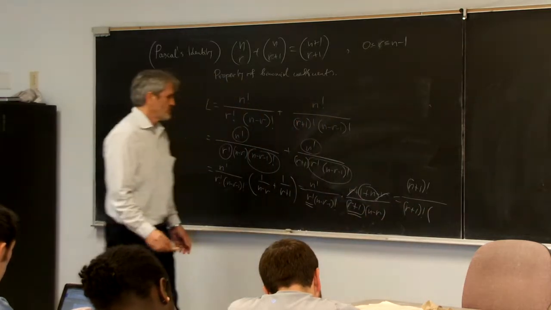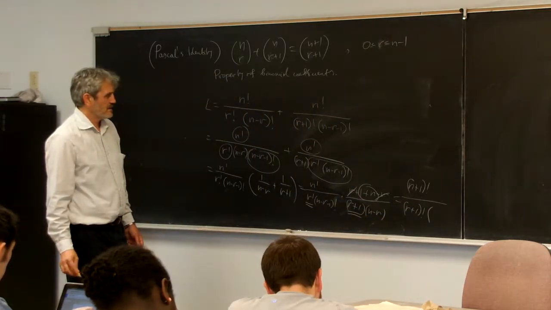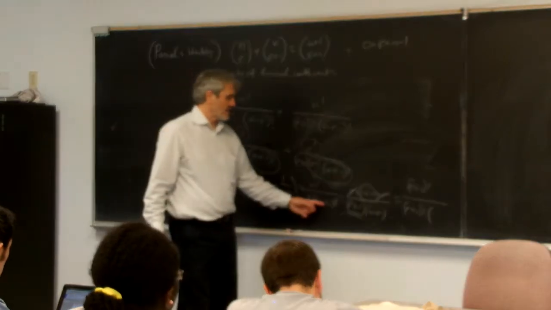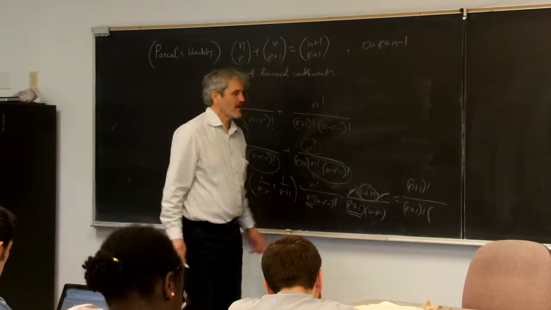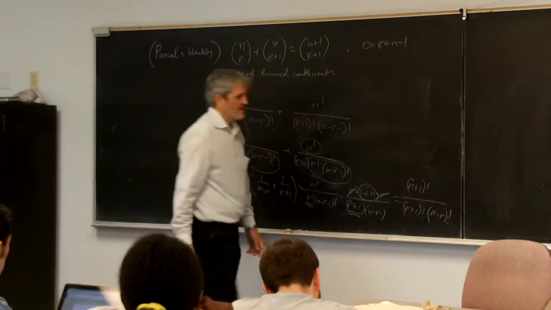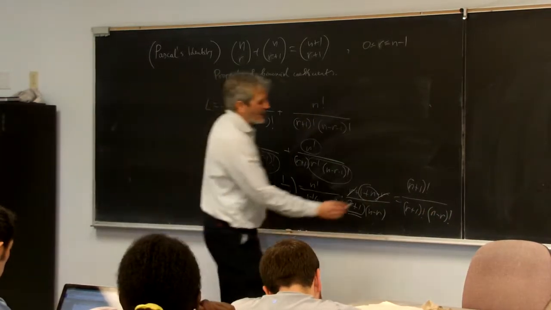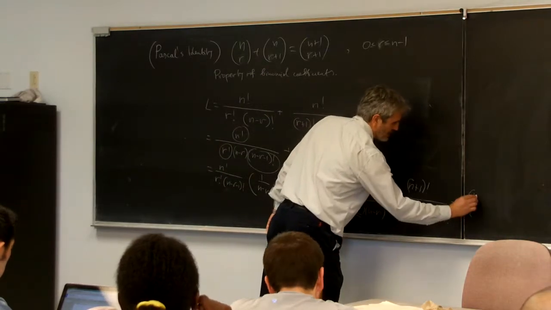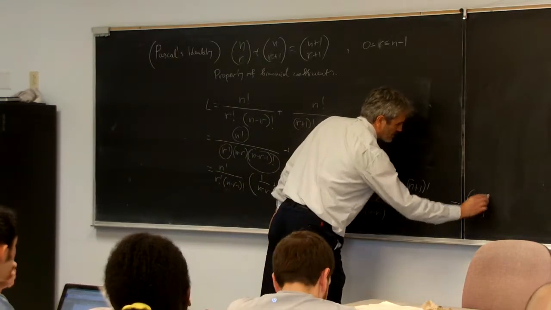What about the other two? Is that again a continuation? N minus r minus 1 factorial, and the next member n minus r, that's what? And then with a little doubt, I would say that this is equal to n plus 1 choose r plus 1.